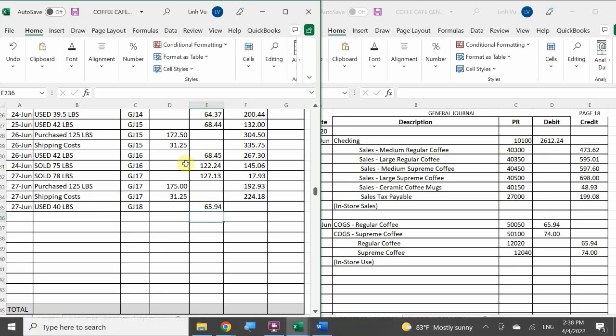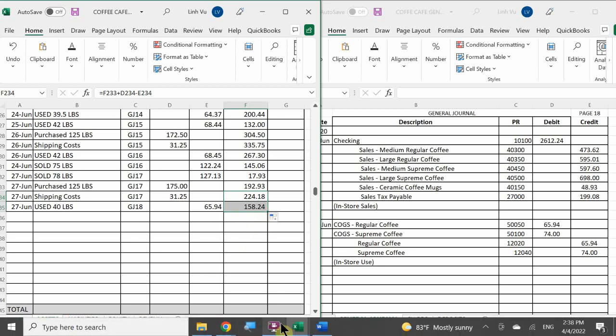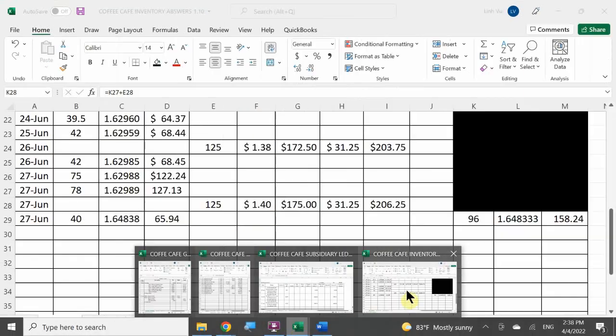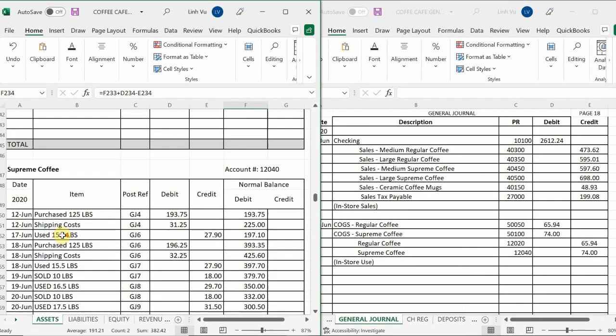So we should have a grand total of 158.24, and that matches my inventory on hand. Good.